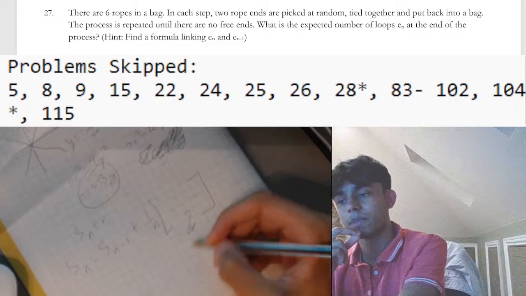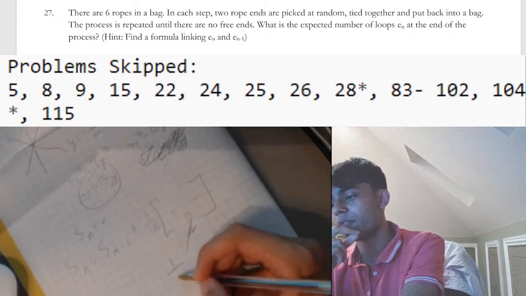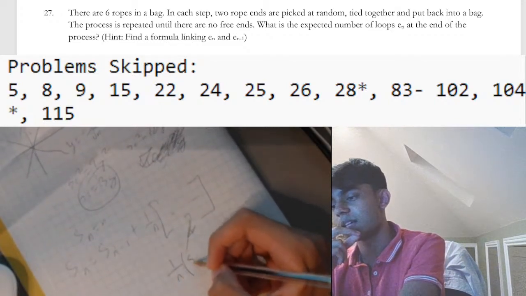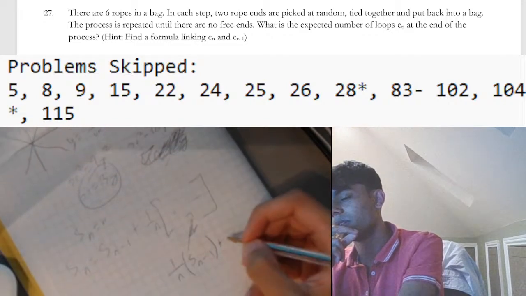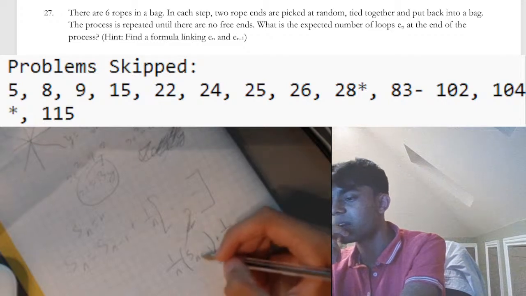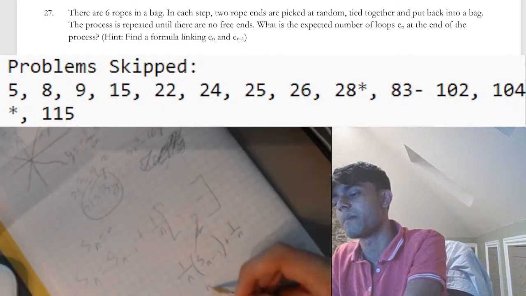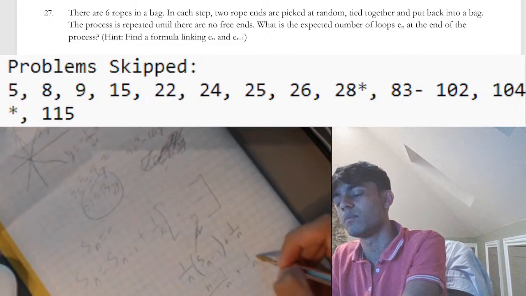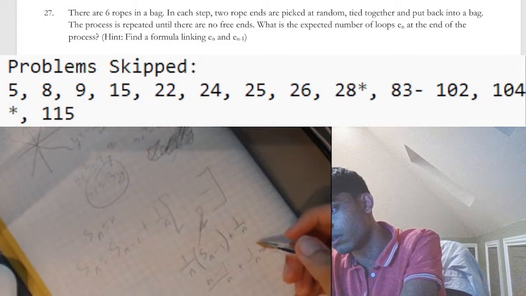So the thing in here is going to be 1 over n times Sn minus 1 plus 1 over n. And Sn minus 1 is n minus 1, so you're good. So you have n minus 1 over n plus 1 over n, which is not 1.